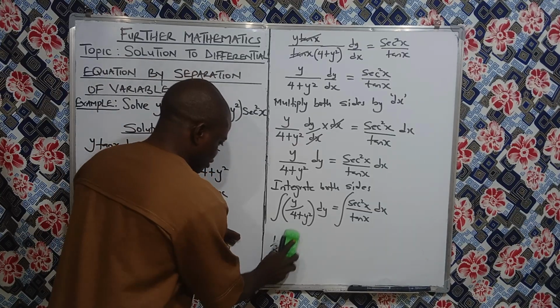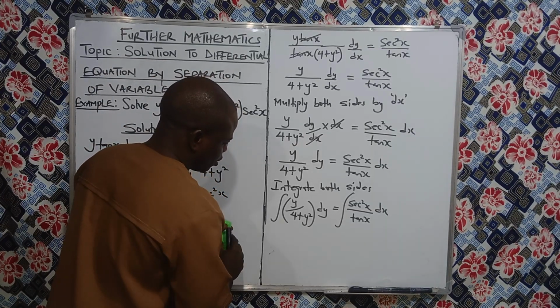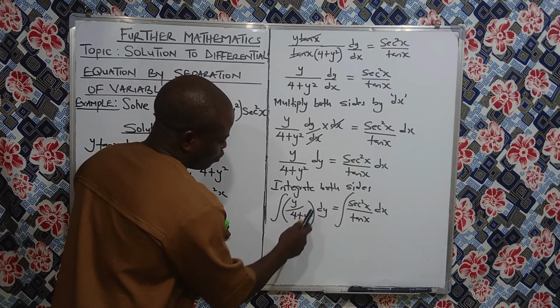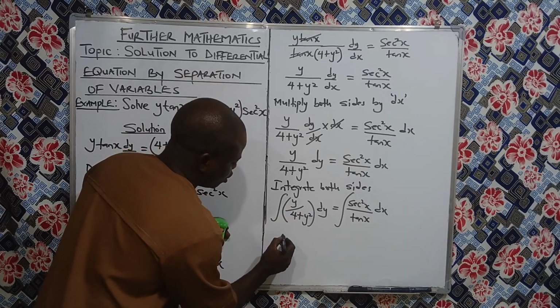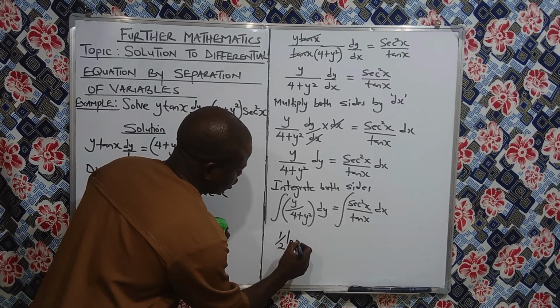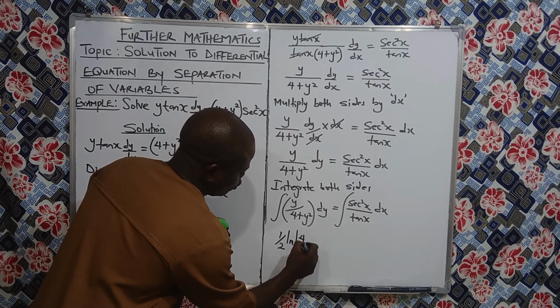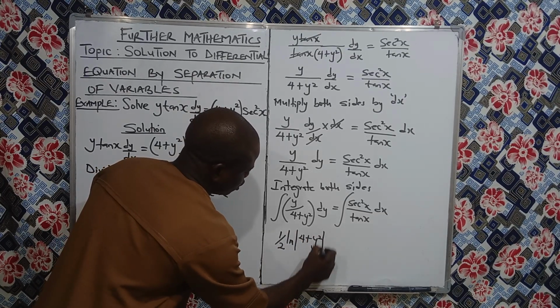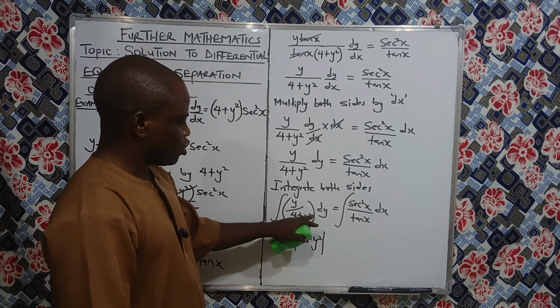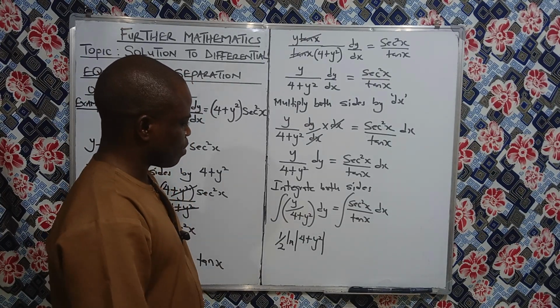The integral of y over 4 plus y squared will now be half ln of 4 plus y squared. This half is to take care of the y squared.